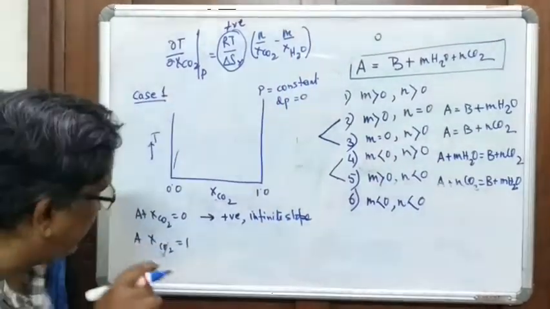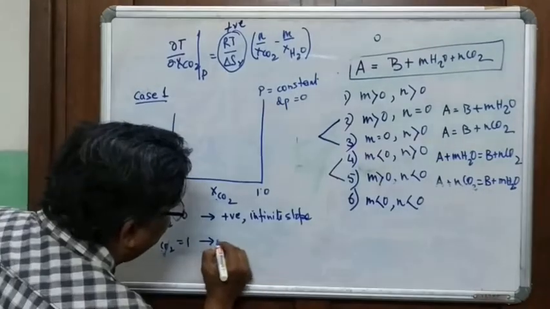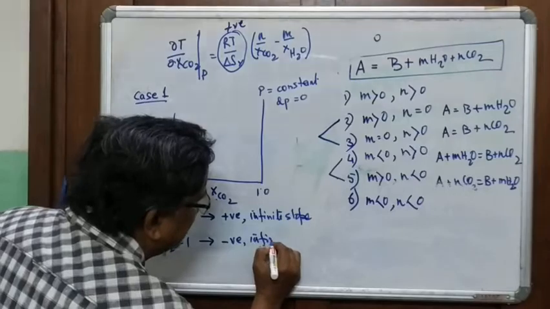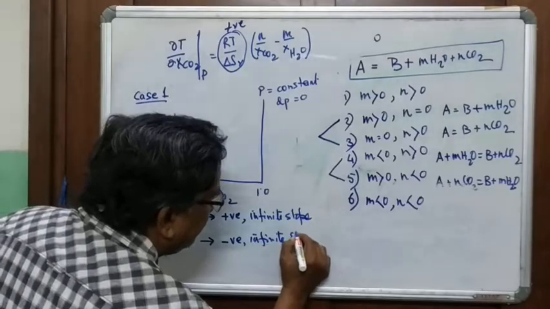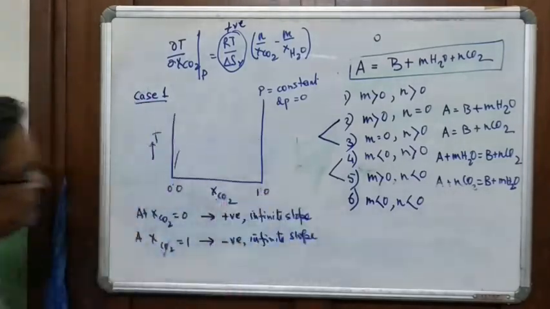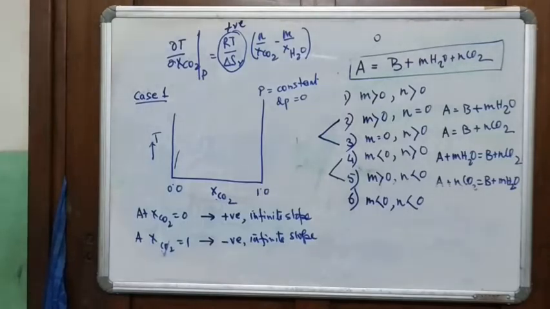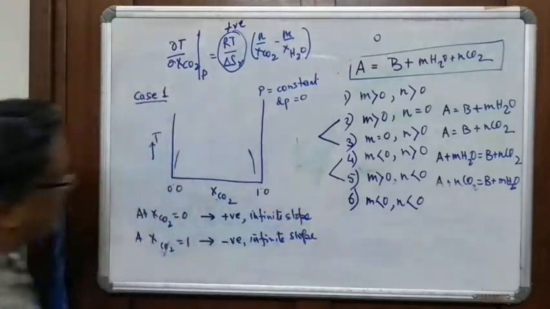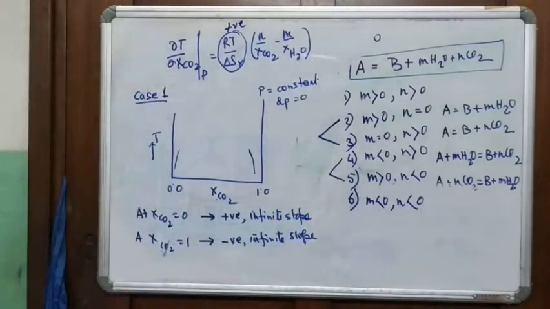So this will yield a slope which is a negative infinite slope. So you will have a situation where your reaction should be like this.